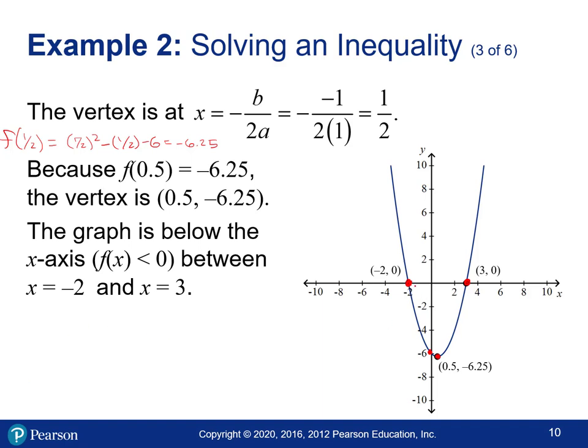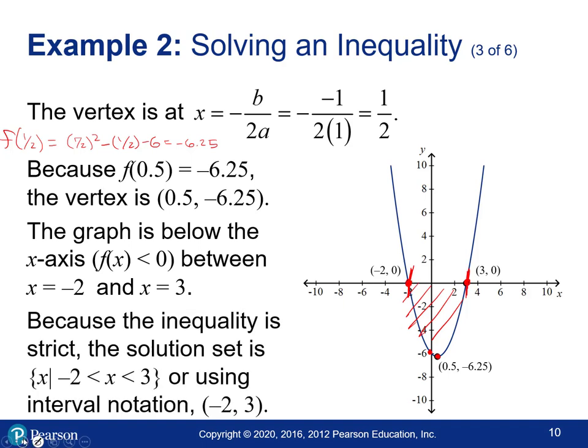And so less than 0, this is really similar to the last one, is down here between -2 and 3. And so that's going to be our answer for this one. We want all x's such that x is greater than -2 but less than 3, or in interval notation, any numbers between -2 and 3.